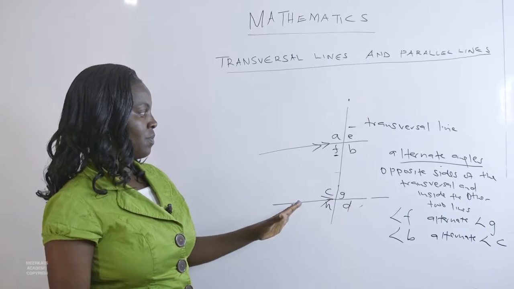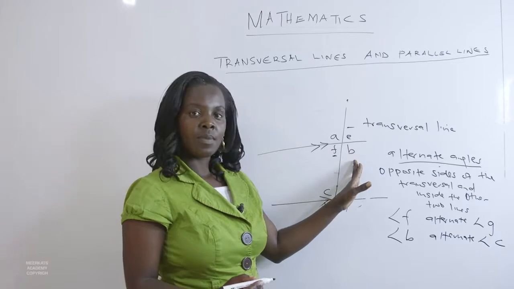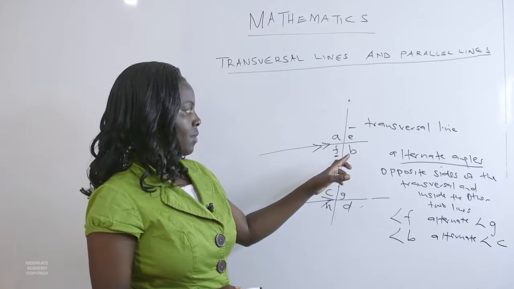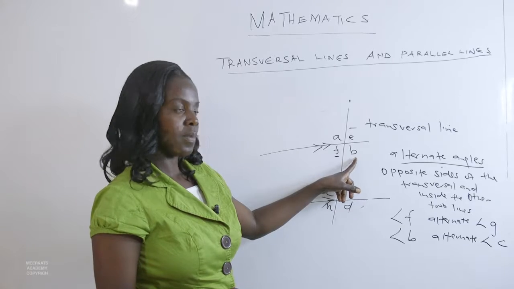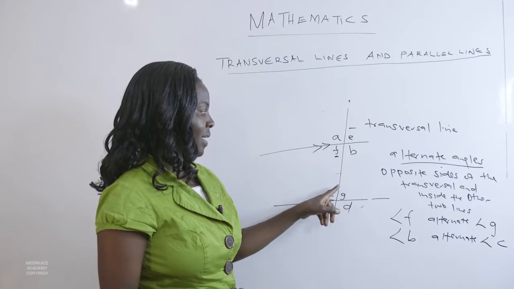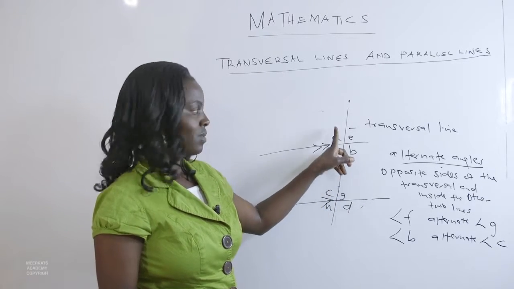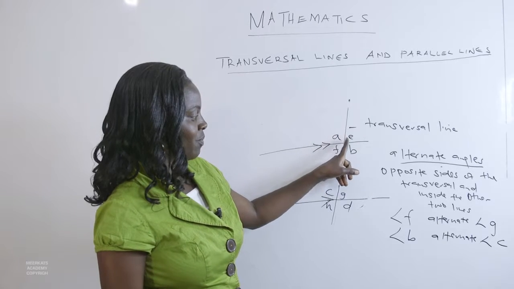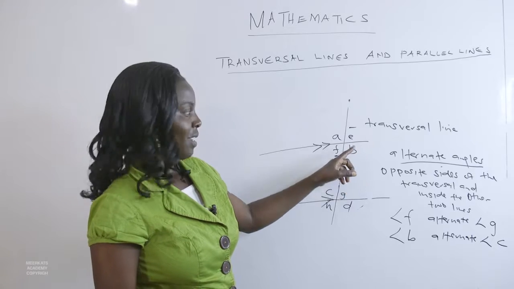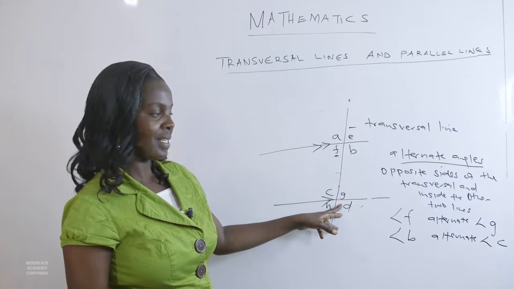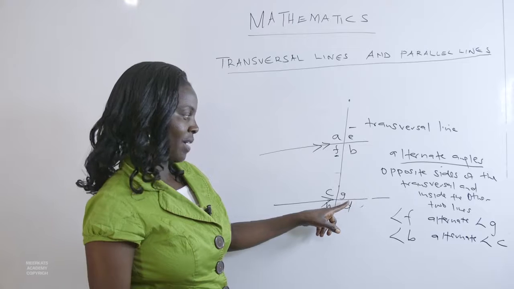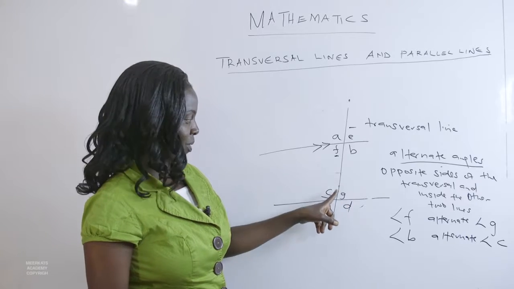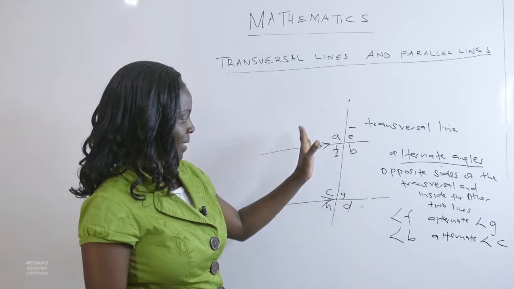For you to be able to know that this is alternate, when we have two vertically opposite angles from the transversal line, at this line also we'll have vertically opposite angles which are corresponding.